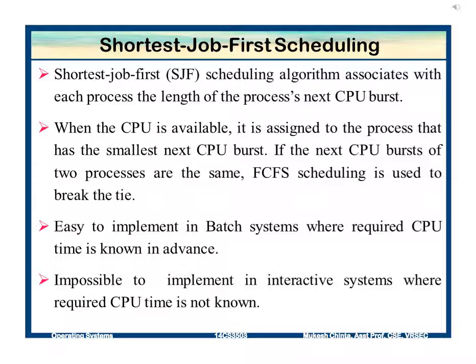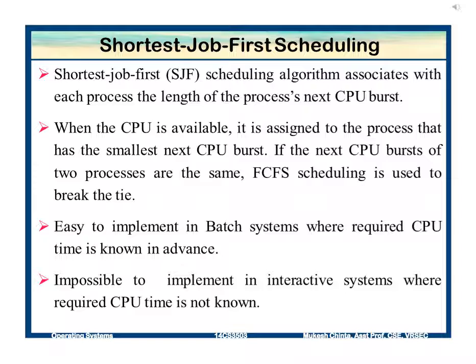Hence the name shortest job first. Jobs or processes are processed in ascending order of their CPU burst times. Every time, the job with the smaller CPU burst time is selected from the ready queue. If two processes have the same CPU burst time, they are scheduled according to the FCFS algorithm.